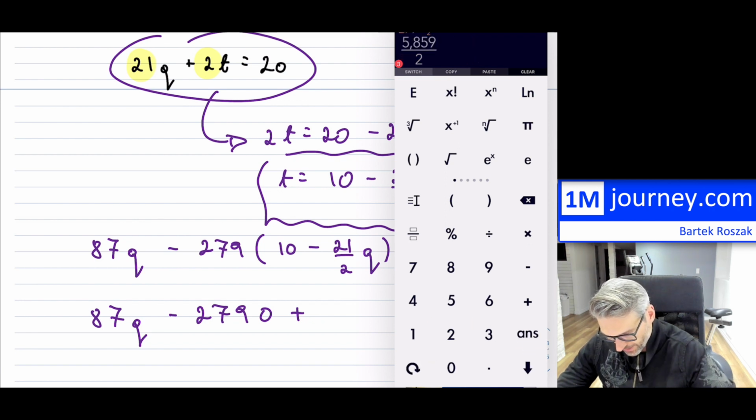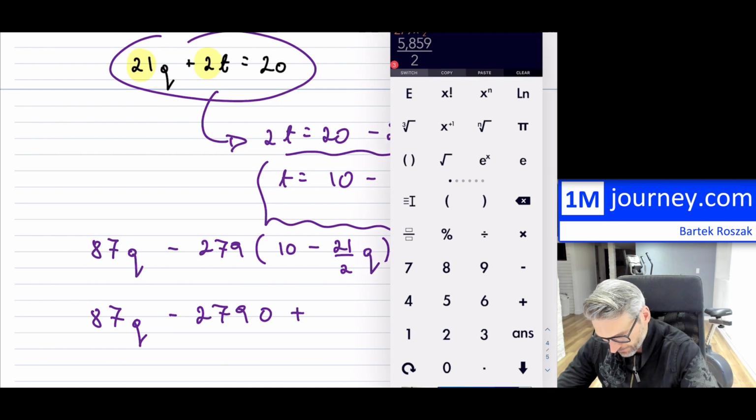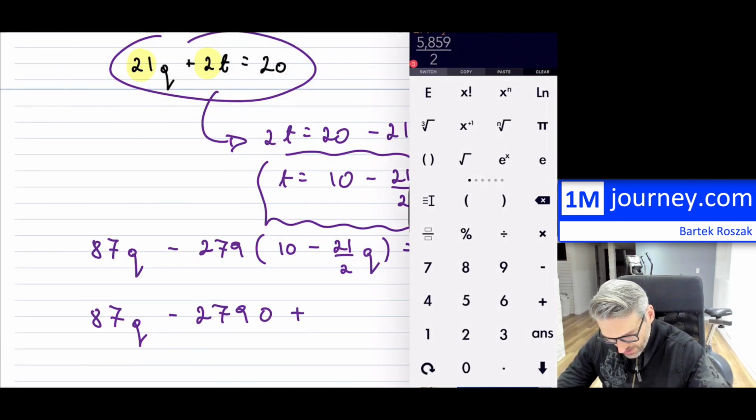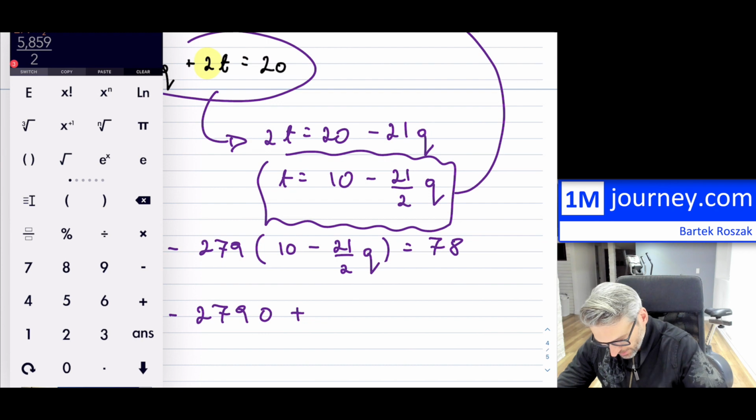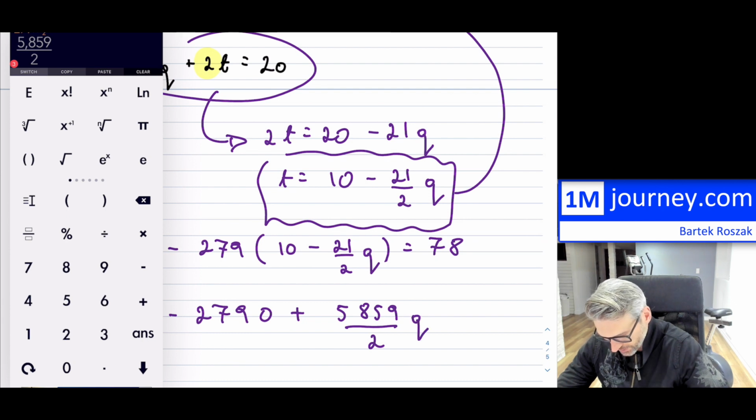All right, that's super ugly, but that's fine. So let's take a look here. That's 5859 all over 2 Q, so I just distributed this across through here, equals 78.